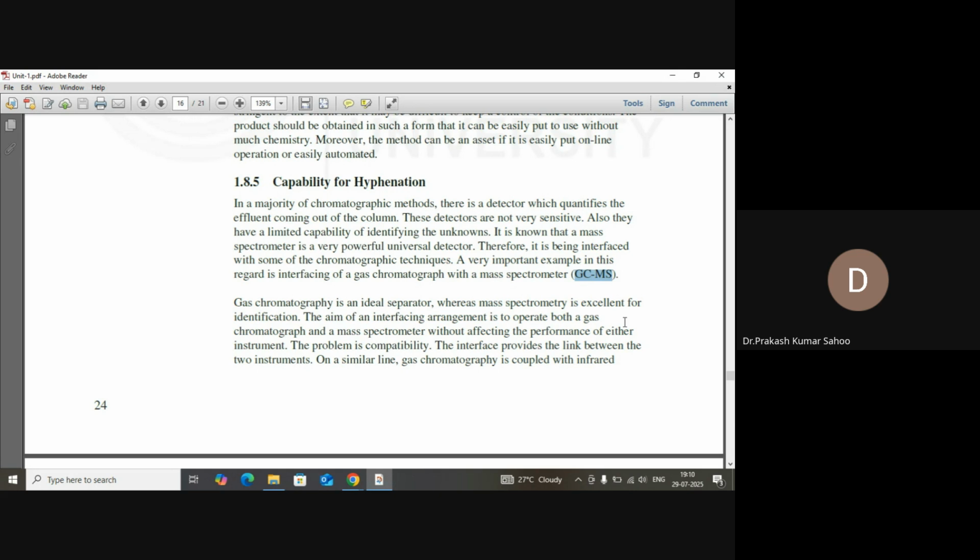Different countries are trying to figure out or decode the environmental statistics of different planets or asteroids. So they are sending this GCMS instrument.